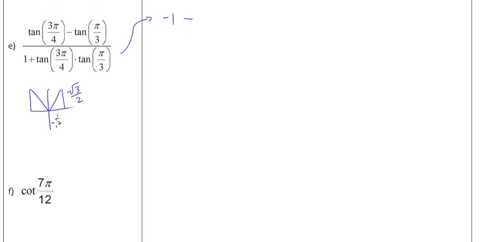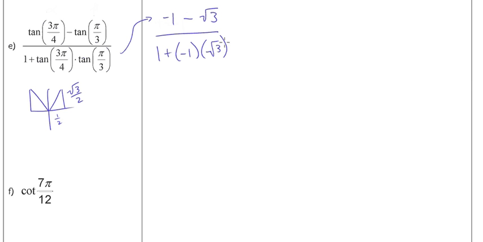Opposite over adjacent, we get the square root of 3, so minus the square root of 3, over 1 plus the tangent of 3/4, which was -1, times tangent of pi over 3, the square root of 3.